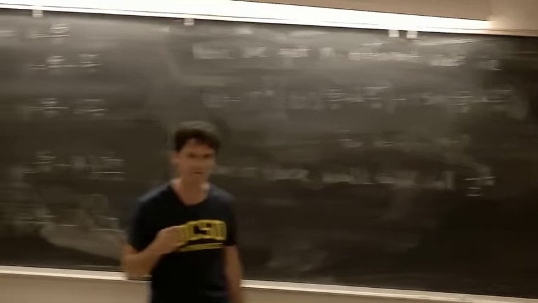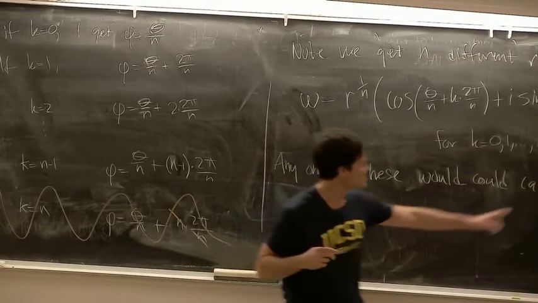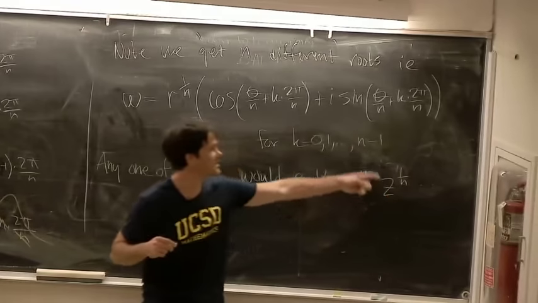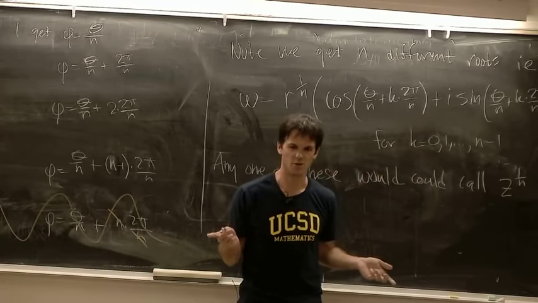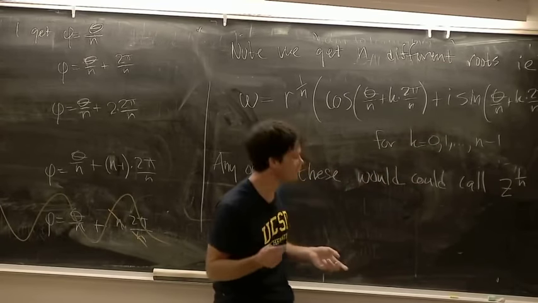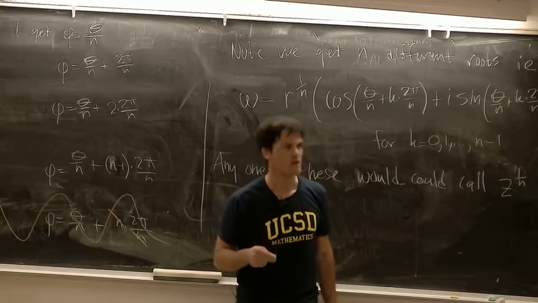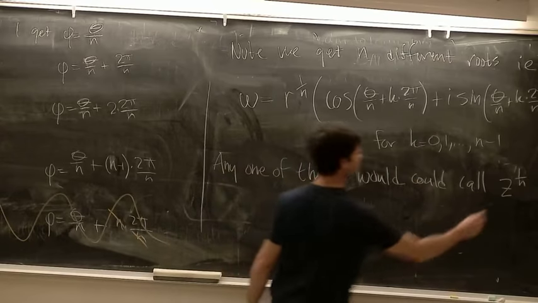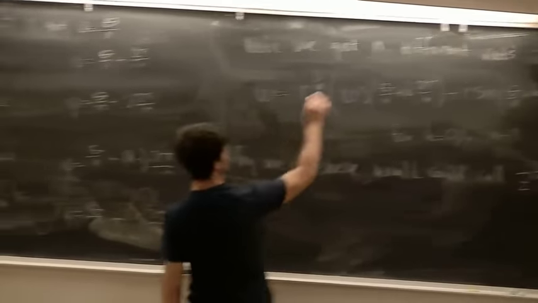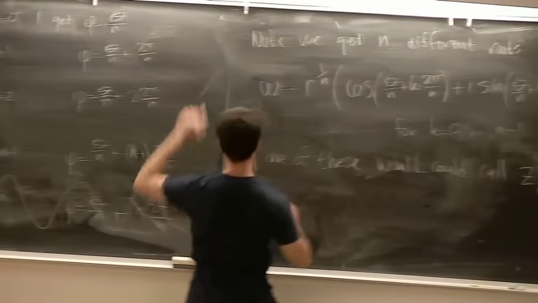It's kind of bad notation. Z to the 1 over n, I could say it's equal to any one of these numbers, and those would all be correct. Usually we pick the simplest one, which is the k equals 0 one.